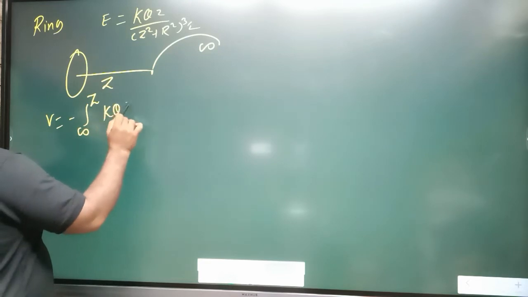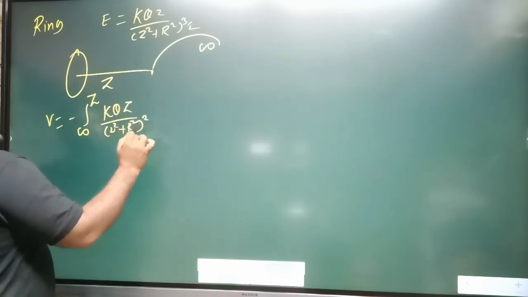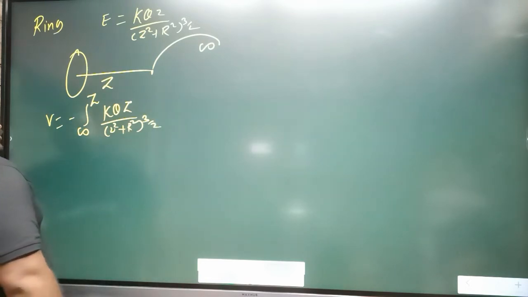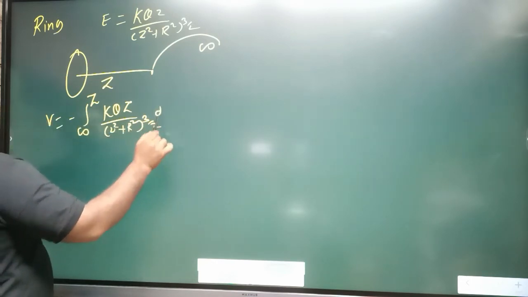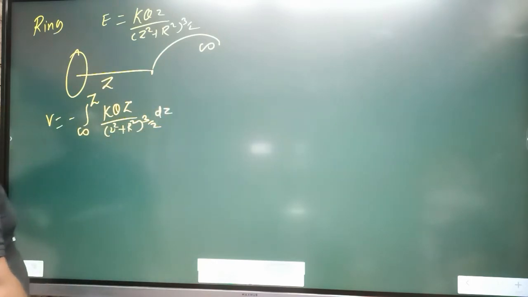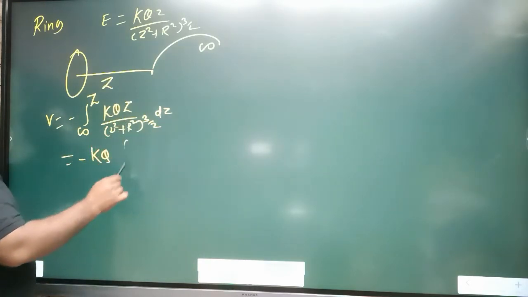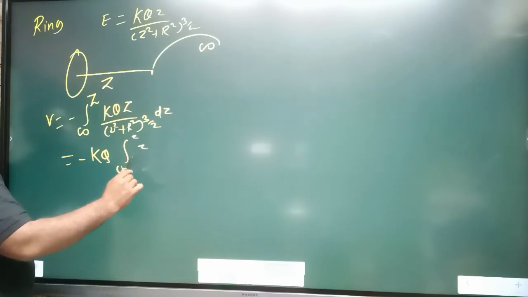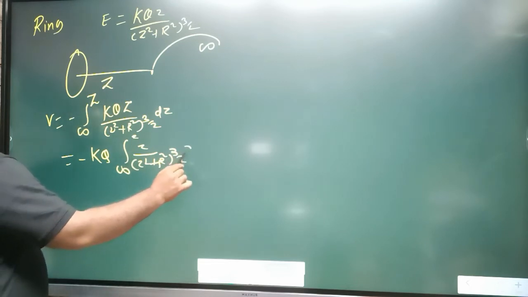Means kq z upon z square plus r square bracket to the power 3 by 2. Here the variable is z. K is constant, q is constant. Minus kq, infinity to z, z upon z square plus r square bracket to the power 3 by 2 into dz.